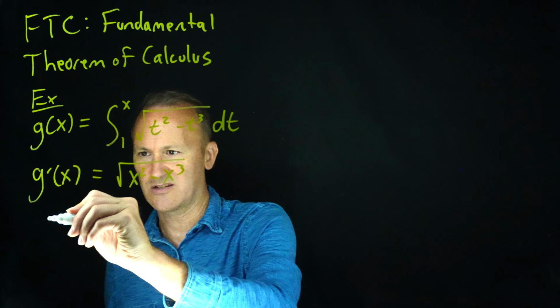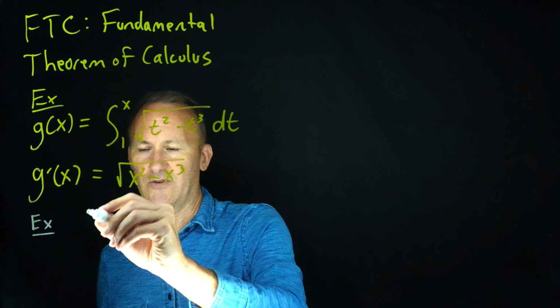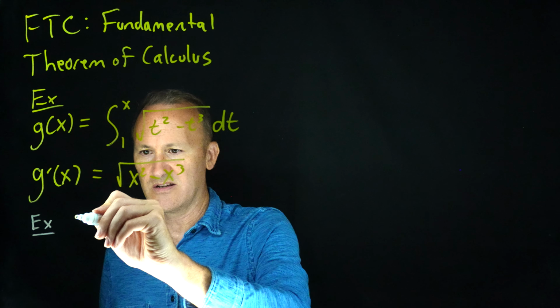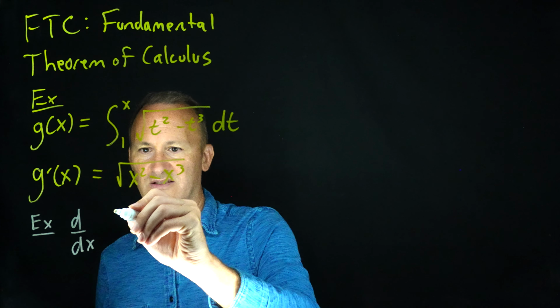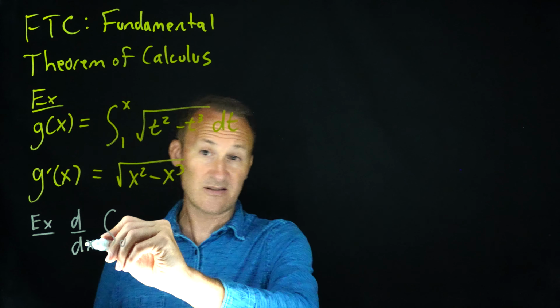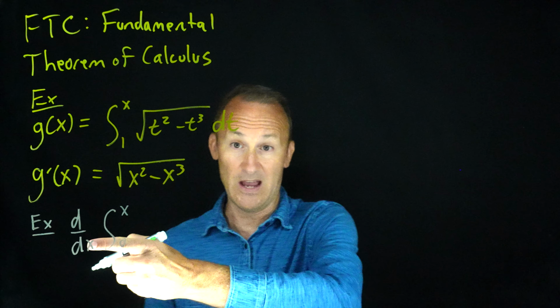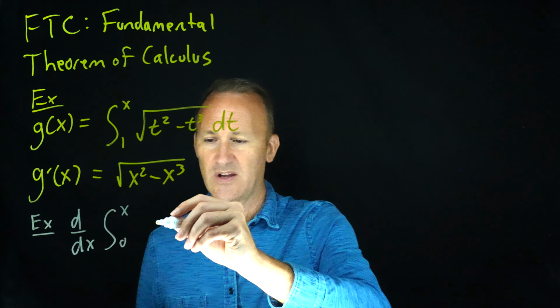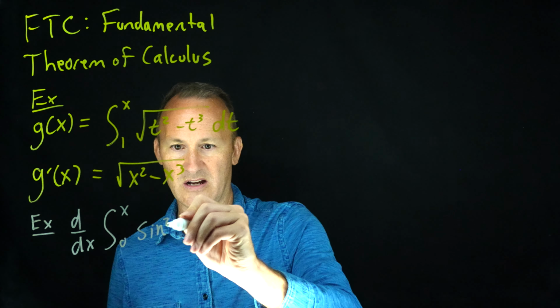Let's just look at the same thing a little differently. What if we take the derivative with respect to x of the integral, maybe this one's going from 0 to x? Now, if this is an x, this also needs to be an x. So it's just a match. If that was a z, that should be a z. And then we've got something in here, like let's say sine squared theta d theta.